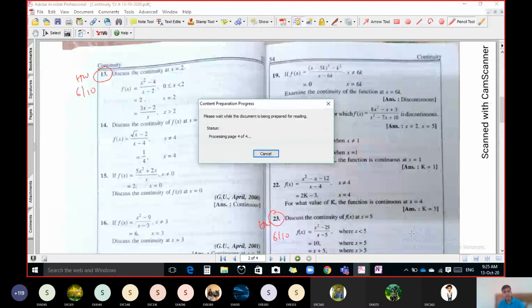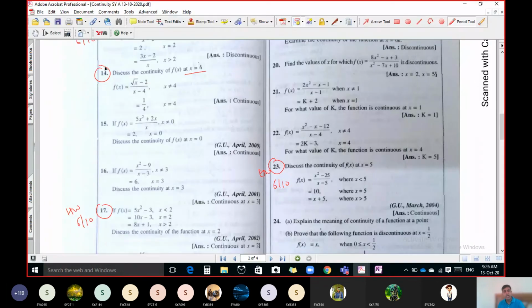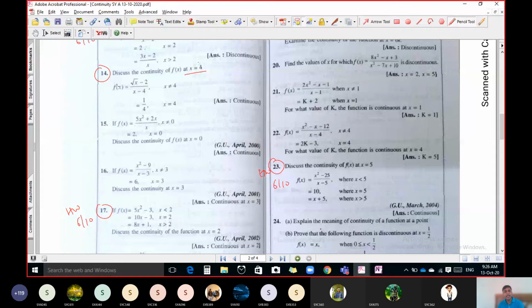Let us start. Here we have to check for x equal to 4. First condition, f of 4. Tell me, when x is 4, which one is the answer, the first function or the second function?